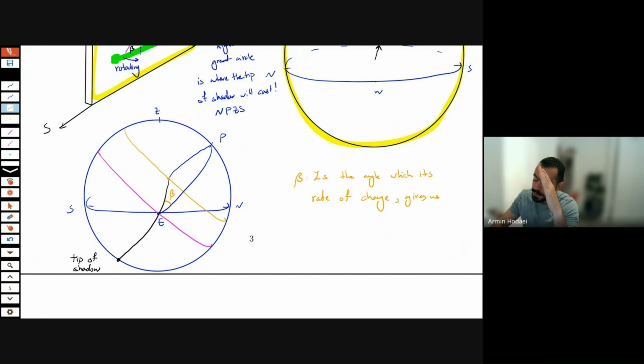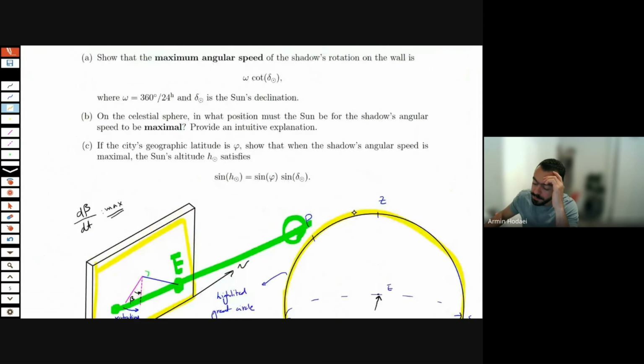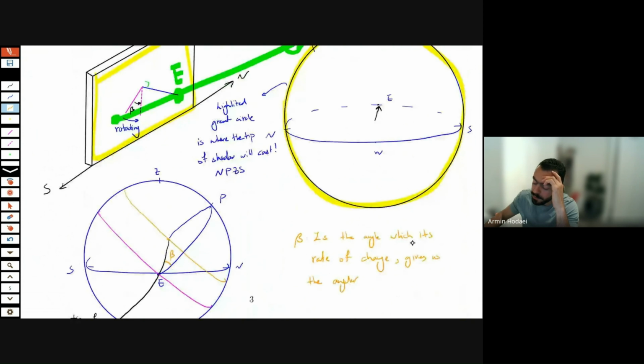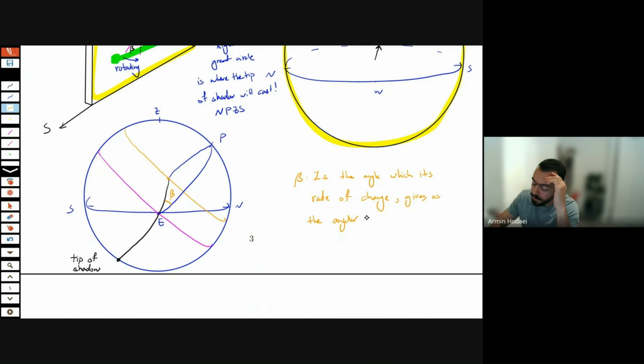It is the angle whose rate of change gives us the angular, what did I call it? Angular speed. Angular speed of the shadow.